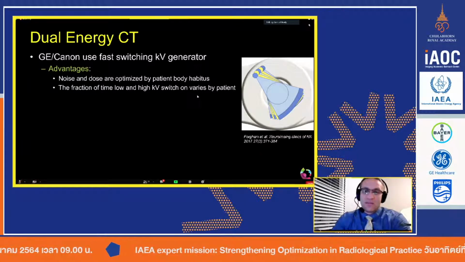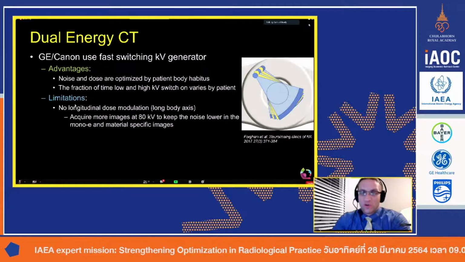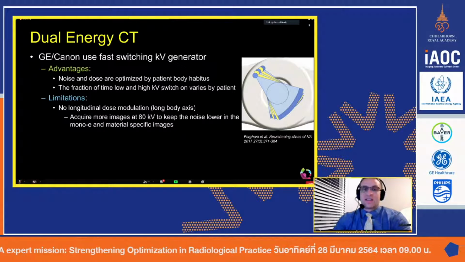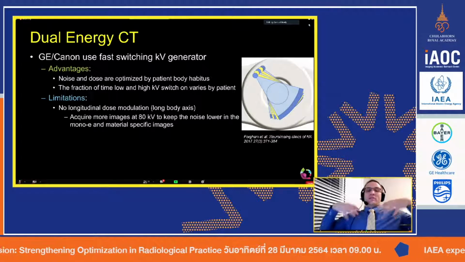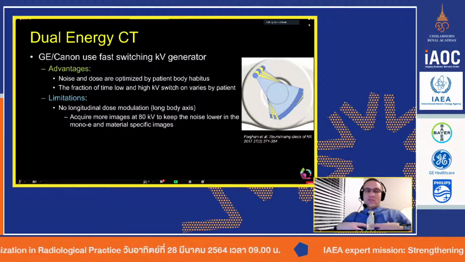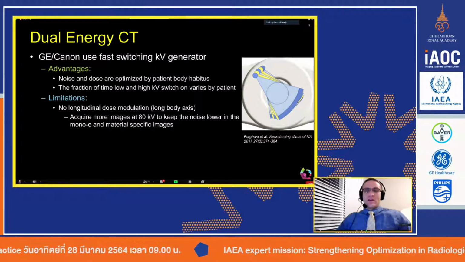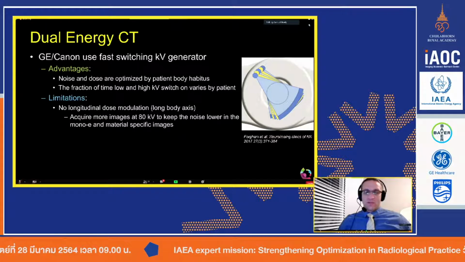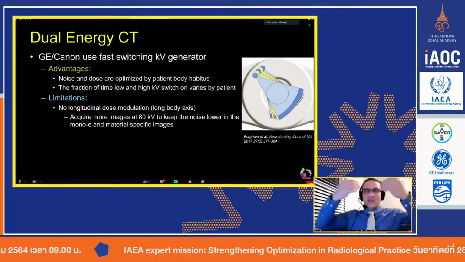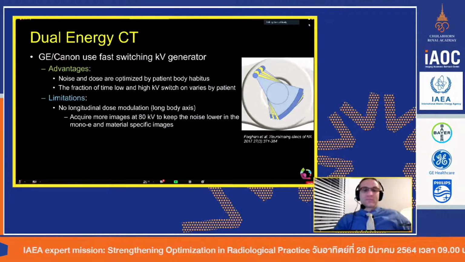The limitation is it cannot do tube current modulation in the sense that as we are thicker through our shoulders, less thick through our chest, we don't need as many photons, MA, through our lungs, and then our abdomen, of course, and our pelvis, we need more. It cannot change the MA as it goes down longitudinally through our body.